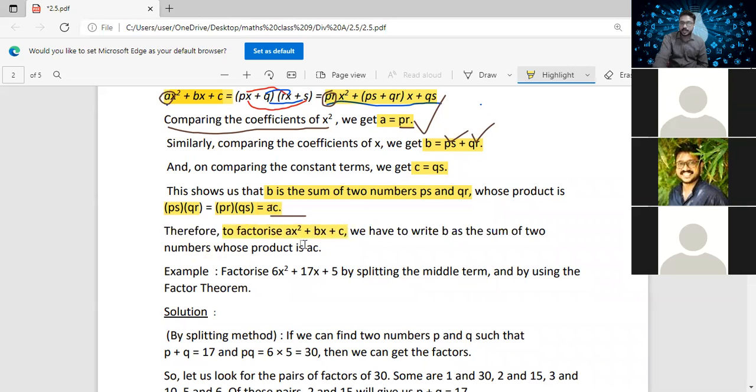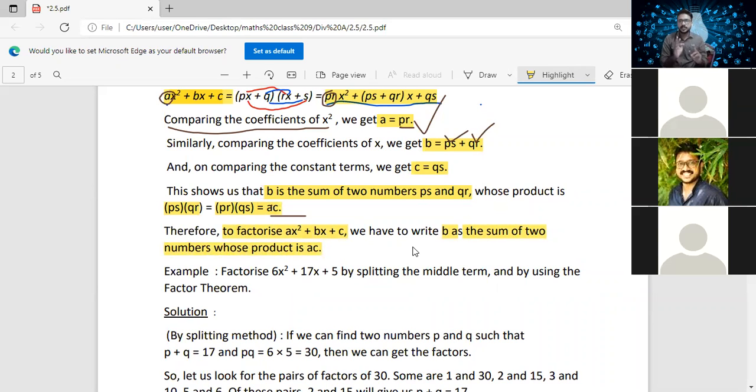factorize a polynomial x squared plus bx plus c, we have to write the middle term b. What is the peculiarity of writing the middle term? It should be written as the sum of two numbers whose product is AC.